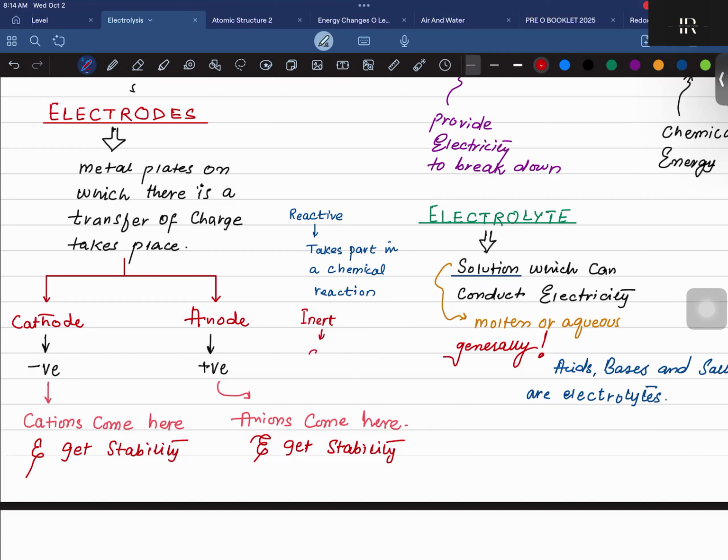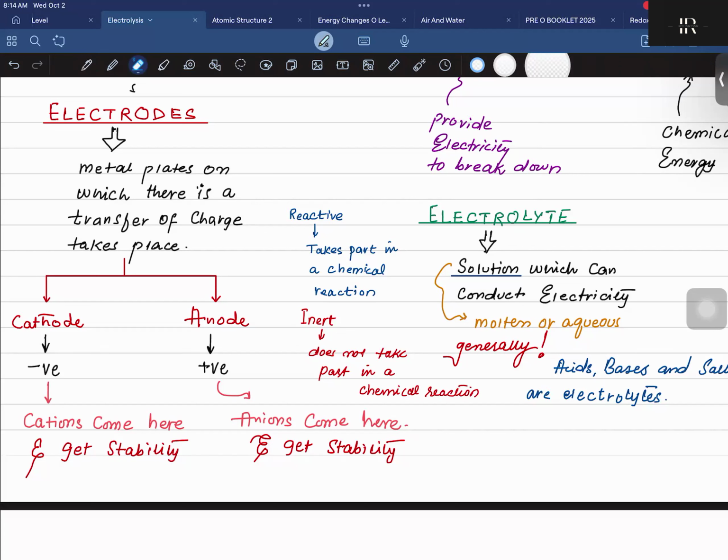Inert electrode does not take part in a chemical reaction. This is the difference, so you need to memorize this.